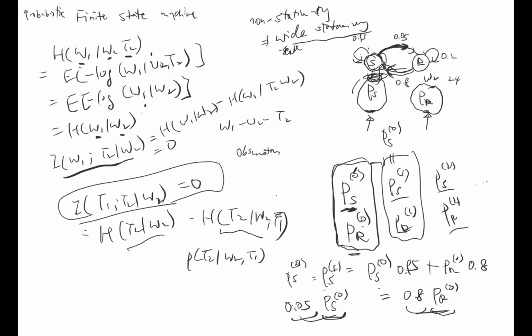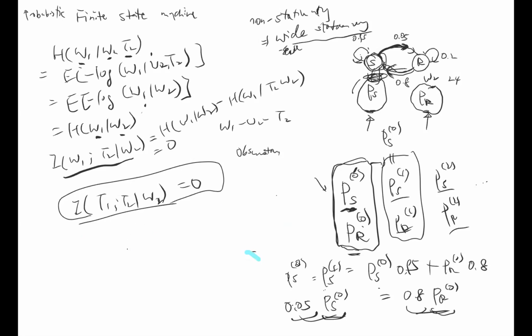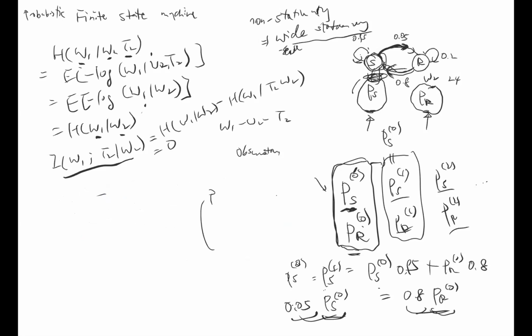Because oftentimes, another way I see some of you do it, maybe an overkill way, is you can just write down the probability and the transition probability in matrix form, right? So I can have a vector of these probabilities. My state 0 probability will be just a vector P0, as PS0 and PR0.